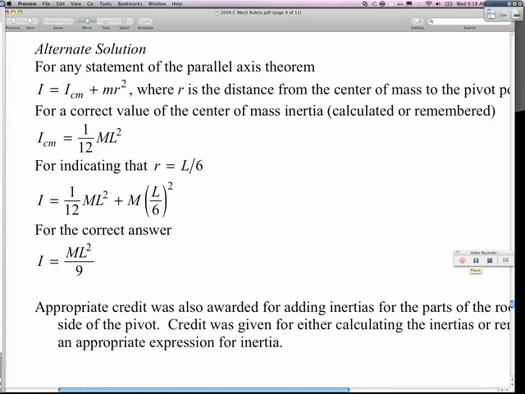It's like when you derive that one, the same way we did the other one. It's right here, R. R is the distance from the center of mass to the pivot. And you just take the mass like usual. So if we look over here, it's the same mass.